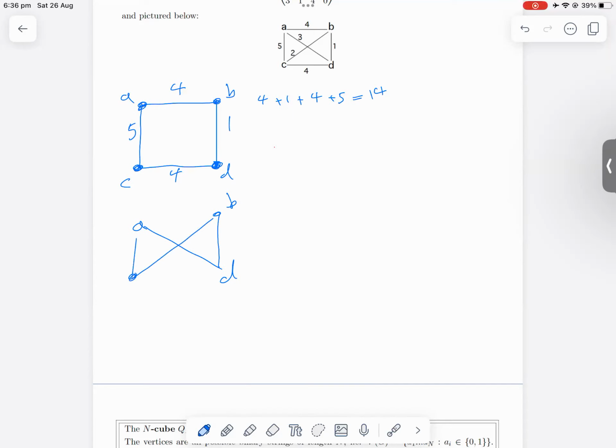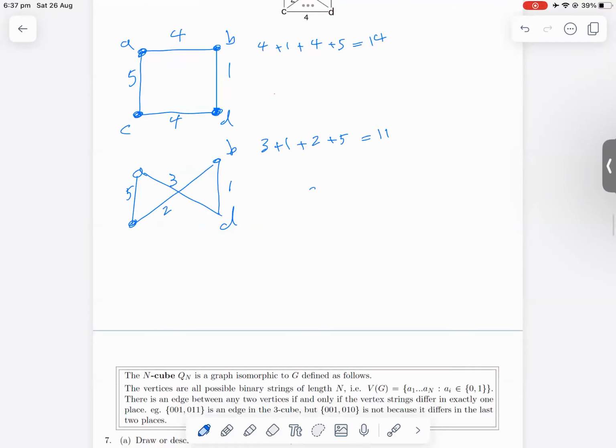Then I come back here. So 3, 1. Then this one, 2, then this one, 5. So this will be 3 plus 1 plus 2 plus 5, which will be 11.